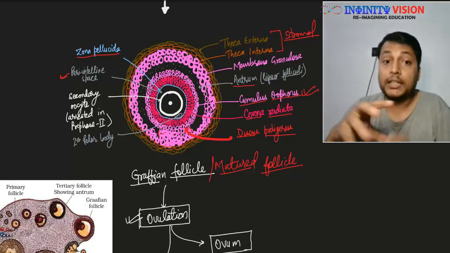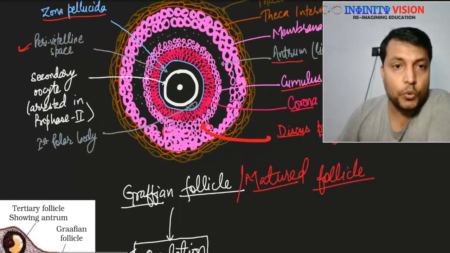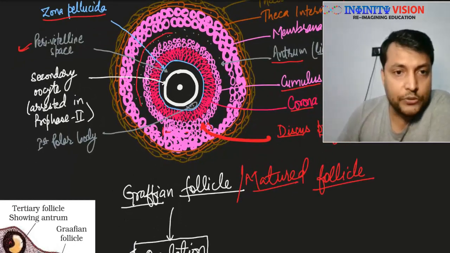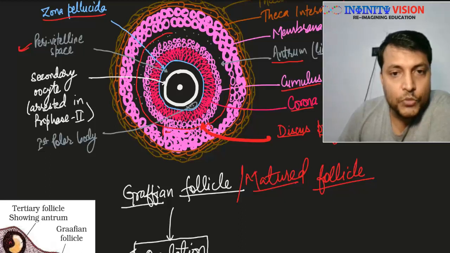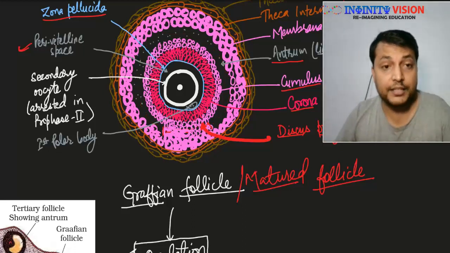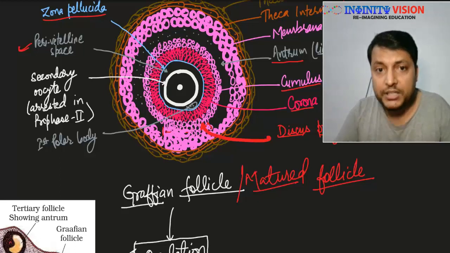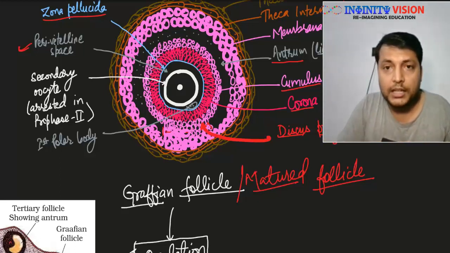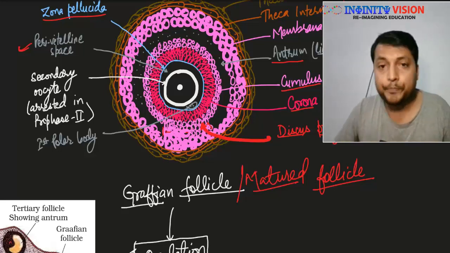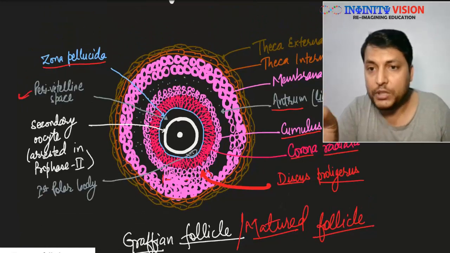Now this whole structure is called ovum, but not when it is inside the Graafian follicle. Once there is ovulation, the outer theca and membrana granulosa will rupture, and the discus proligerus will detach.